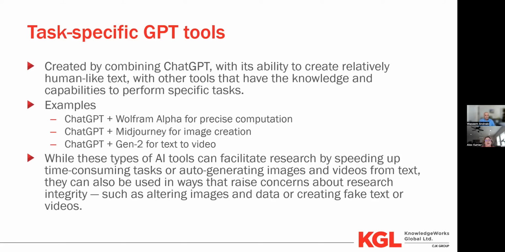So these tools can facilitate research by speeding up time-consuming tasks or auto-generating images and videos from text. But they've now also started to raise concerns about research integrity, such as altering images and data to create fake text or videos.